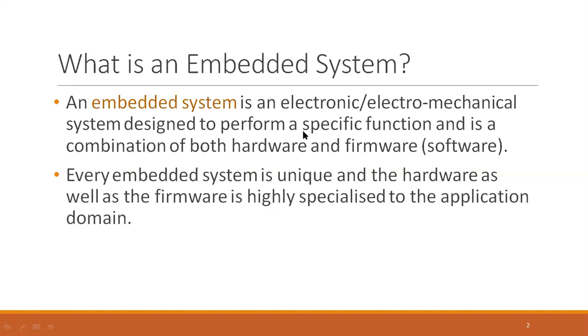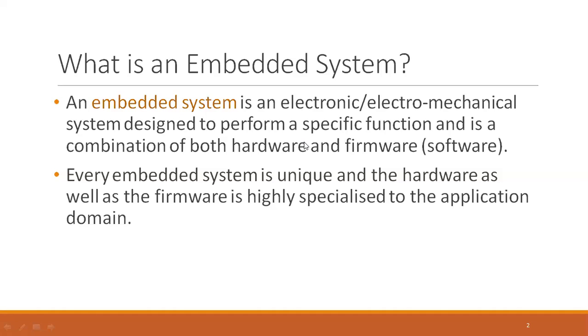I cannot put a firmware meant for a TV on a refrigerator embedded system. We cannot do that, right? And even with respect to TVs, a TV is an embedded system that comes with a firmware. You are flashing that firmware on a chip and placing it into a TV.